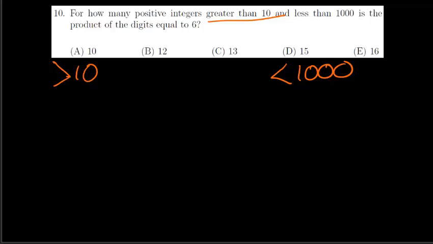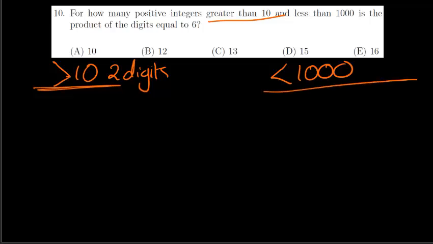So if I'm saying greater than 10, this means that I'm talking about two-digit numbers, right? And then 1000 is 4 digits, but 999 is 3 digits. So less than 1000 means 3 digits, right? So I'm looking at numbers that are 2 digits and 3 digits only.